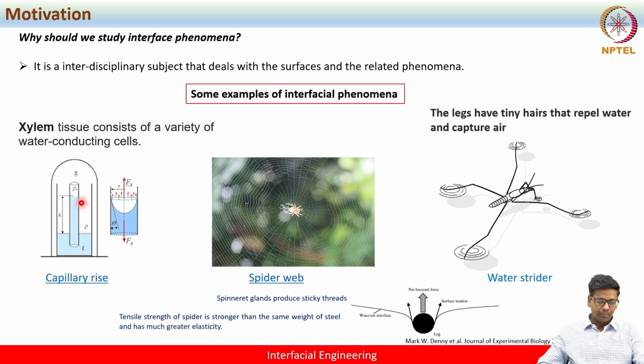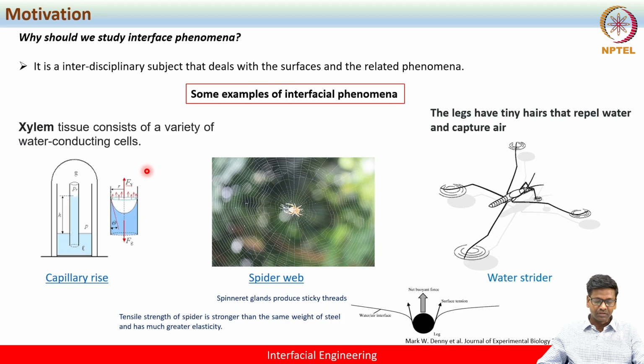And this capillary effect is also seen in many natural systems like plants or trees, where the water collected at the root level is conducted from the root and distributed to all the branches and leaves because of this capillary effect through the xylem tissue.